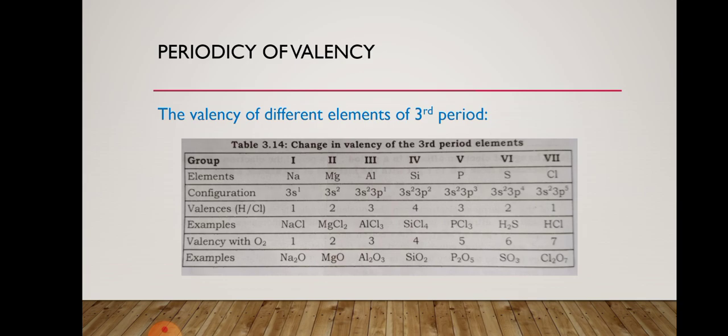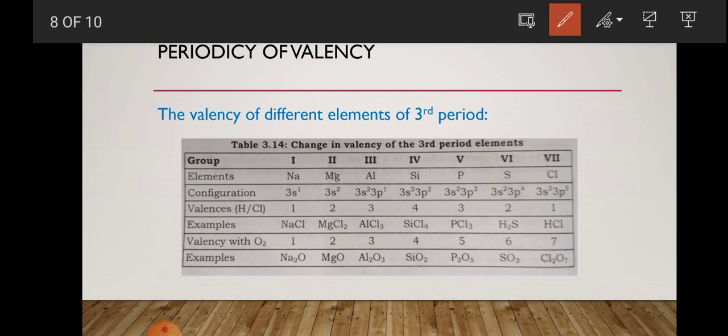Look here. The outermost total electrons of an atom are called its valence electrons.